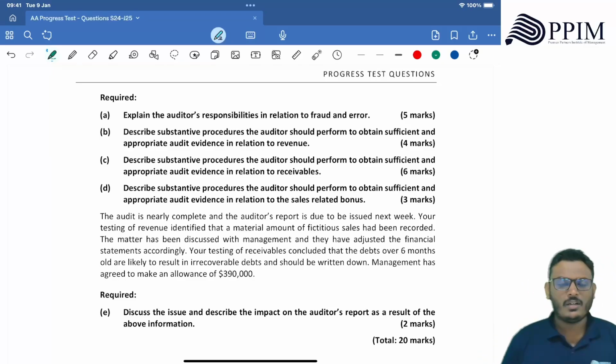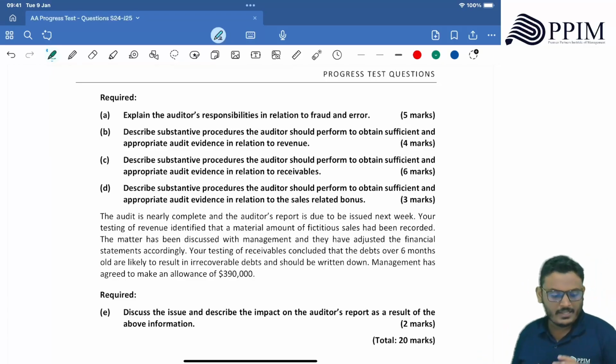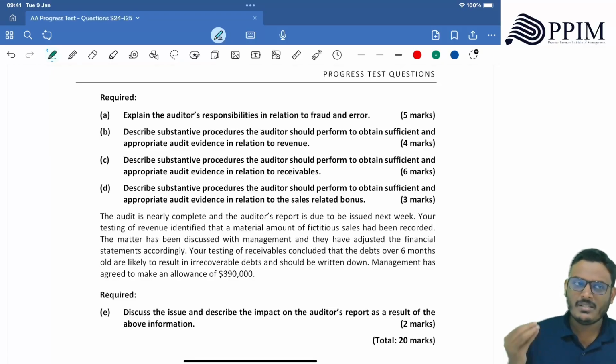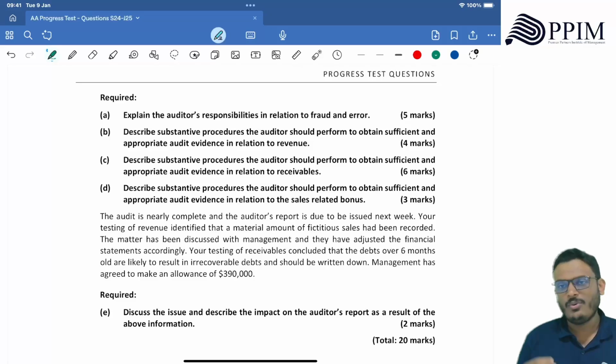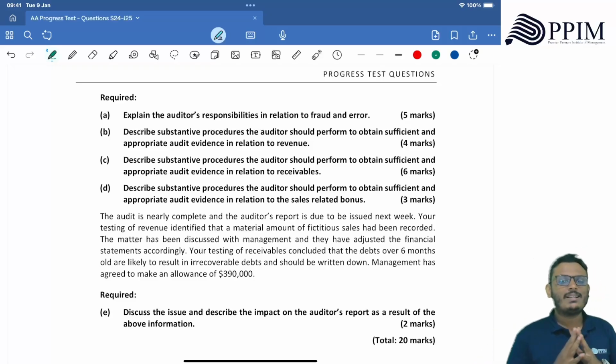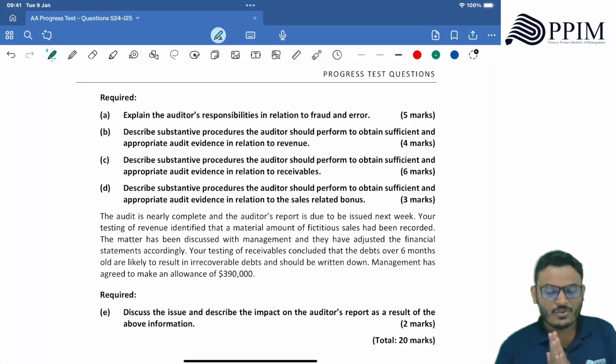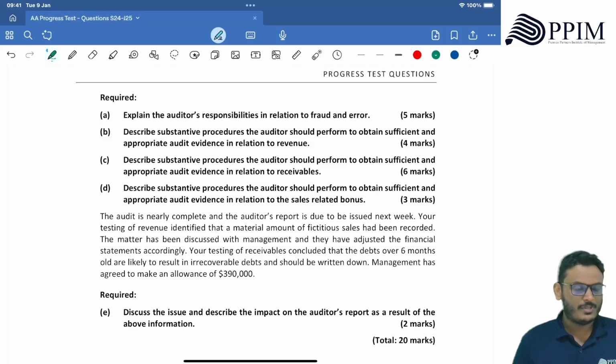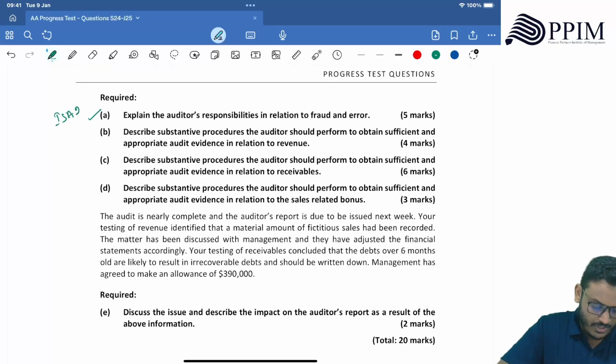Fraud and error, we discussed the ISA 240 standard. It clearly said the primary responsibility is with whom? Management. And how does management fulfill their responsibility? By developing sound controls, and also adopting a culture which communicates that fraud is wrong. All these things management should do to ensure the responsibility is met. So that is the answer you should give here. ISA 240 standard.